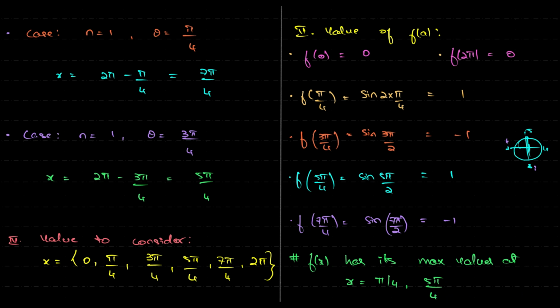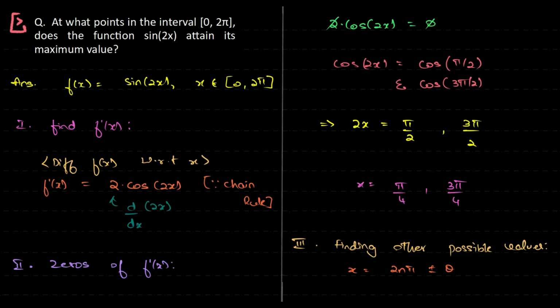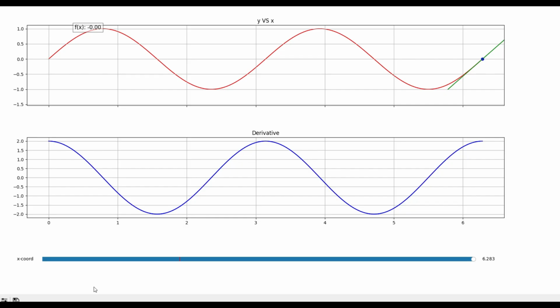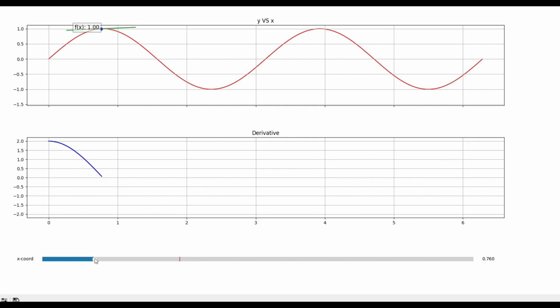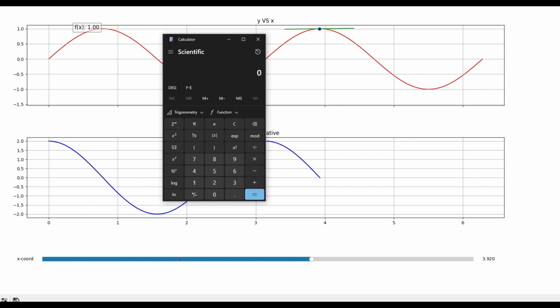Okay guys, we can verify this. We can see here that we have two maxima. One is this point, where the output is 1, and x is 0.78. If you use a calculator, you'll find it to be so.